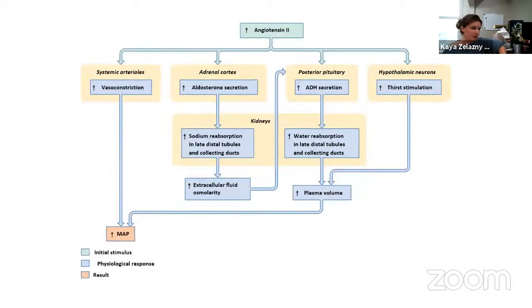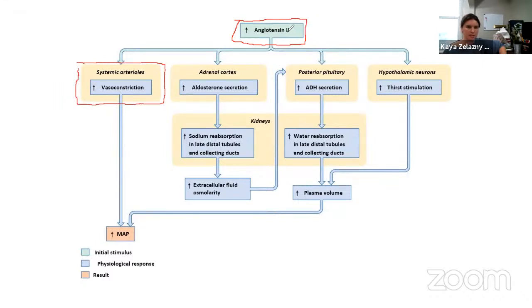Here we have a diagram that's focusing on a specific point, which is angiotensin 2. So that's the step right before our aldosterone. And angiotensin 2, we've actually seen this name before. There's a couple of different effects. What we have seen before, though we didn't focus on it much, was that one of the effects of angiotensin 2 is directly causing vasoconstriction in systemic arterioles.